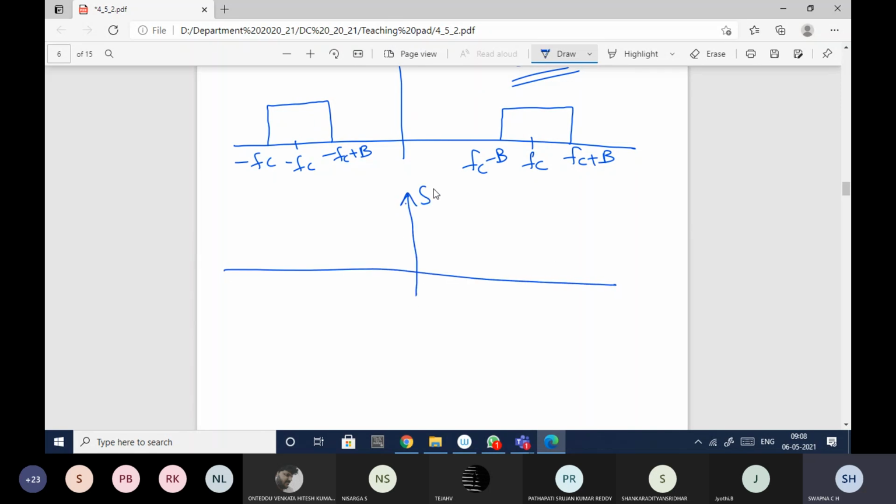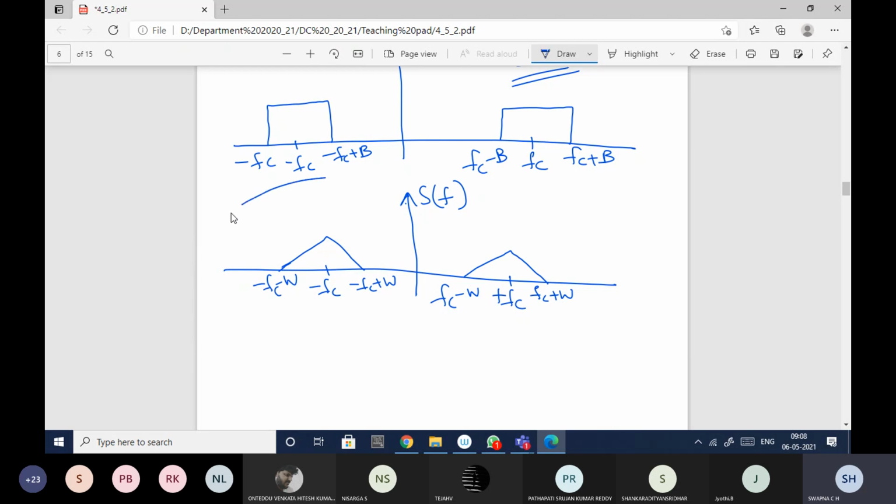In the same way, we'll also see how the spectrum of S of f looks. S of t is a signal, S of f is the spectrum, the Fourier transform. So it will be at minus and plus fc: fc minus w, fc plus w, and towards the left side you will have minus fc plus w, and minus fc minus w.